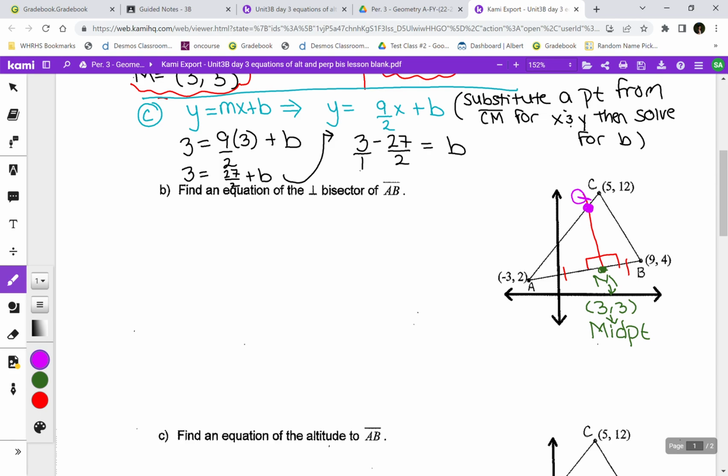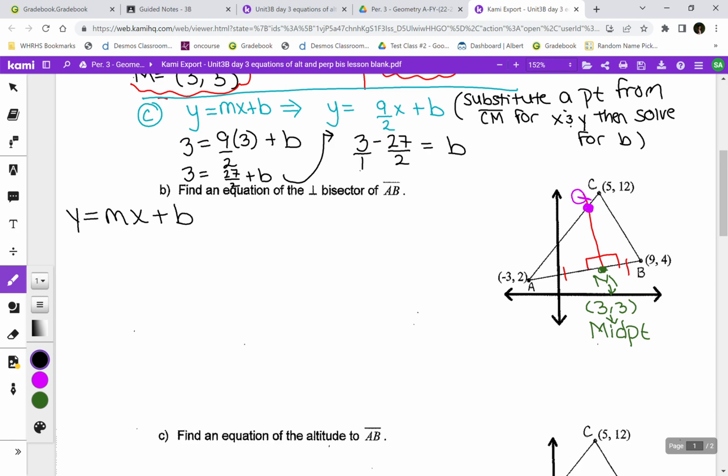Do we agree QM is a segment? Yes. And a segment is part of a line. So what format equation do we need for this? If we're coming up with the equation of a line, shouldn't it be slope-intercept, y equals mx plus b? Okay, so here's where that day one lesson's coming back into play today.